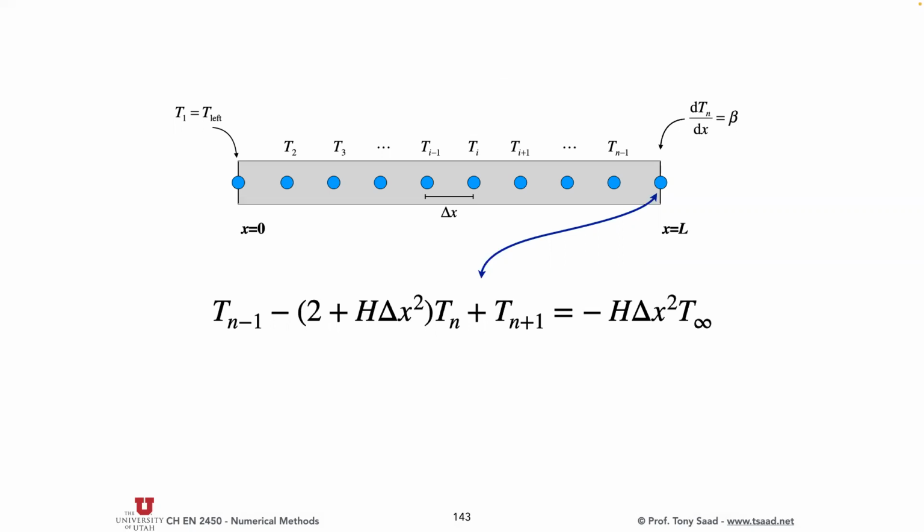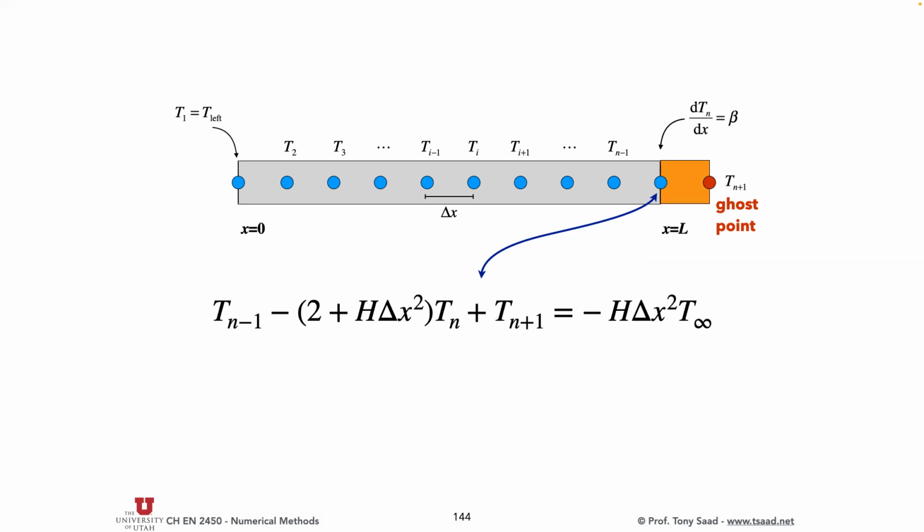So you replace i with n, you get Tn minus 1 minus coefficient times Tn plus Tn plus 1. But you say, Dr. Saad, there's no Tn plus 1. Does not compute. Error. That's correct. But we are going to imagine a ghost. Ooh, the ghost of Tn plus 1. Sorry.